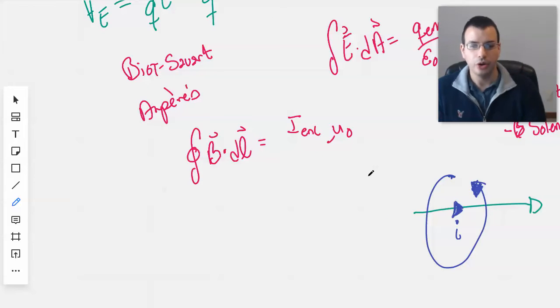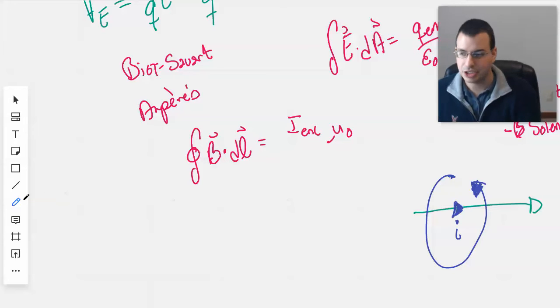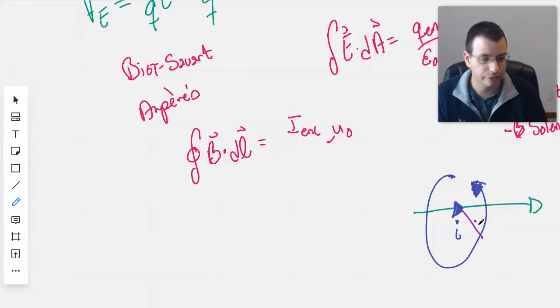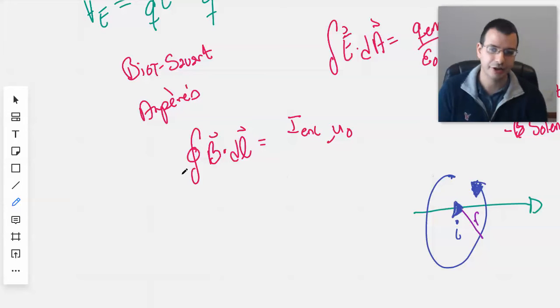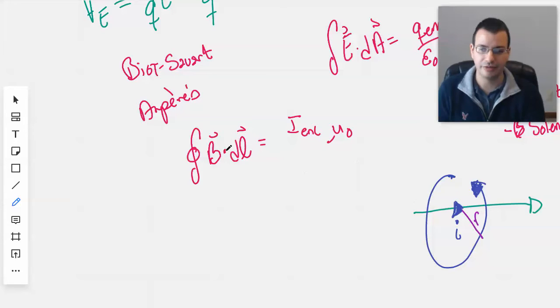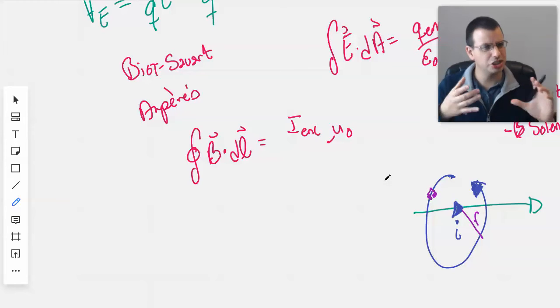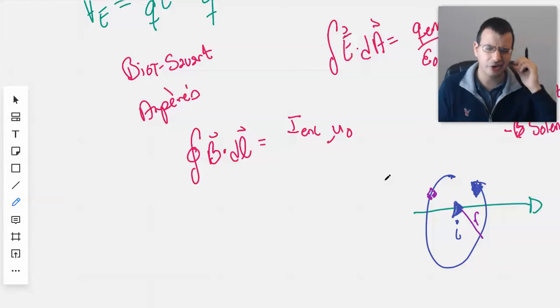So the magnetic field at some distance, I'll use little r, is going to be constant. This equation really doesn't show us that, but it is. And what's going to happen is we're going to have dl. It's kind of like a Gaussian shape, except I don't know if it is technically.